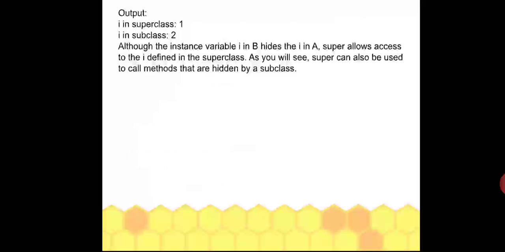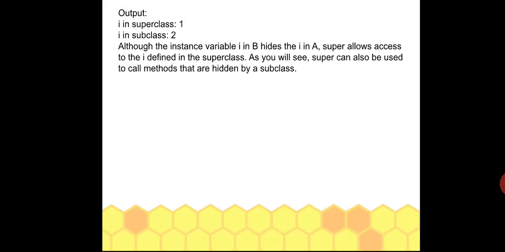I request you to execute this. Okay, see the output. I in superclass is 1, I in subclass is 2. Now, although the instance variable I in B hides the I in A, super allows access to the I defined in the superclass, because you use the super keyword here.